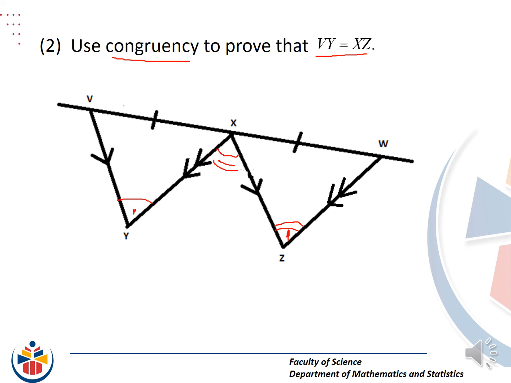Now what I leave to you is to find another angle or another side, so that either you use angle, angle, side, or you use side, angle, side to prove the congruency of those two triangles. And then thereafter, you'll be able to conclude that VY is equal to XZ.